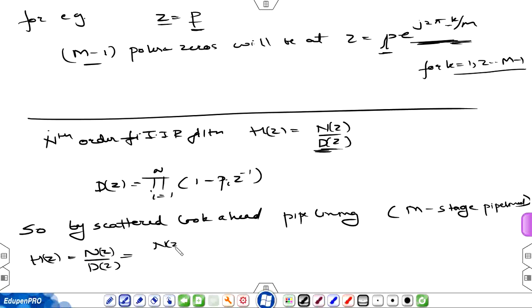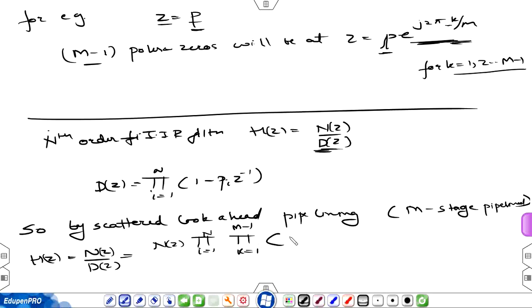So N(z) as it is. For i equal to 1 to n, the denominator has n number of poles. So for each pole we will introduce M minus 1 cancelling poles and zeros, k equal to 1 to M minus 1. So for i equal to 1, k equal to 1 to M minus 1. For i equal to 2, k equal to 1 to M minus 1, like this. So for each pole we are introducing M minus 1 poles and zeros.